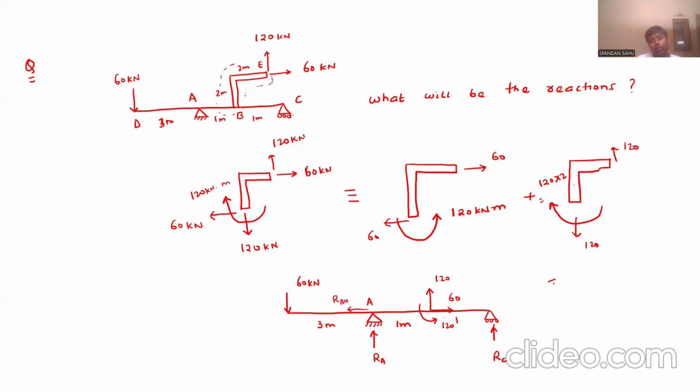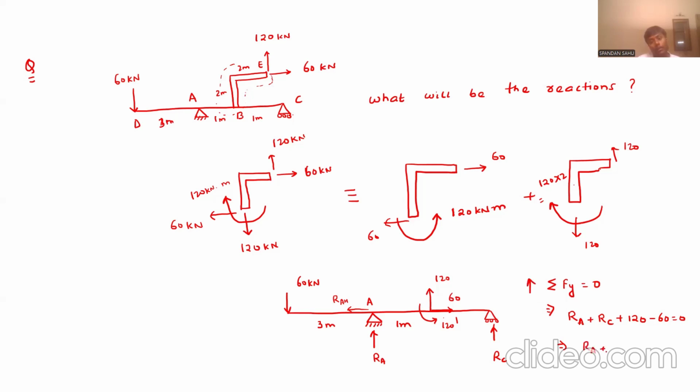So now if you do summation of Fy equal to 0, what will you get? You will get RA plus RC plus 120 minus 60 equal to 0, and I am taking upward to be positive.